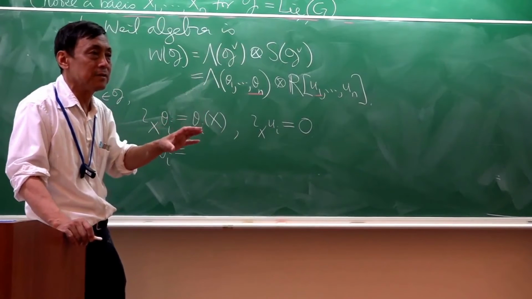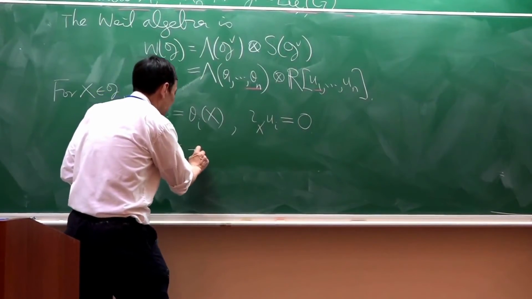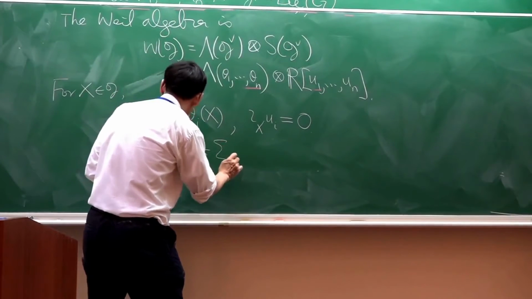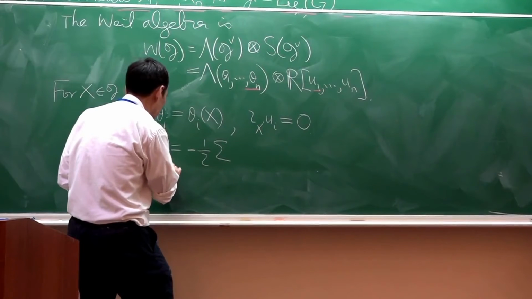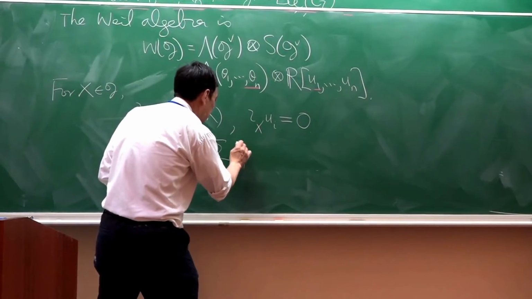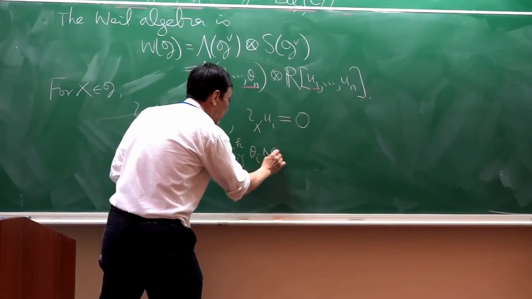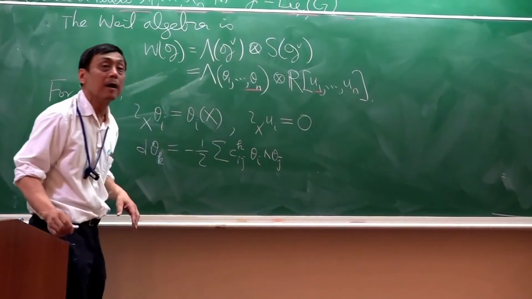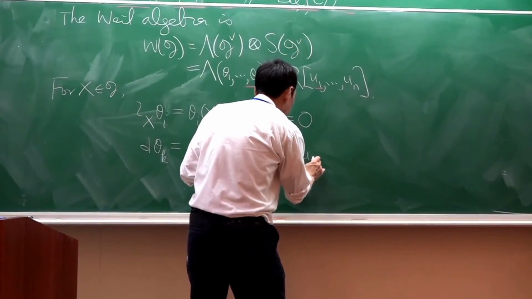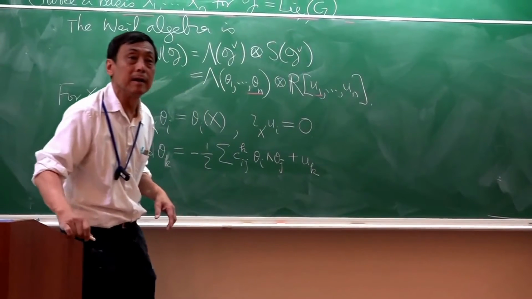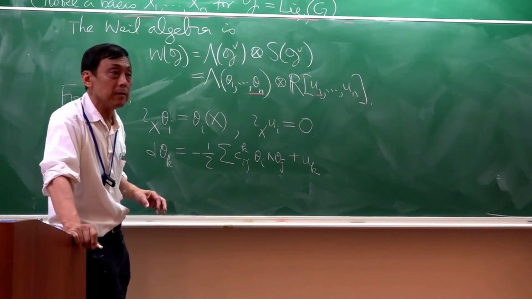And D of a connection is minus 1/2 the sum of, let's use K here, Cijk theta I theta j plus uk, because that's the formula for D of a connection form.